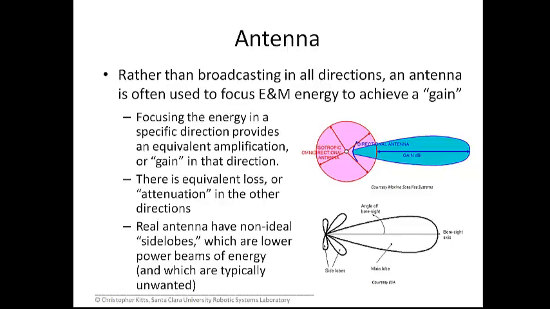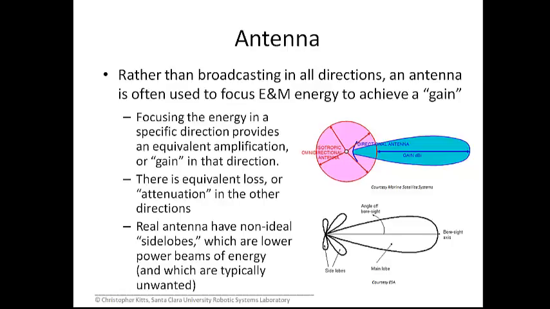Now, the isotropic antenna broadcasts equally in all directions. It's, in the truest sense, an omnidirectional antenna. But most antennas, in fact, most antennas of interest, have some directionality associated with them. And that directionality is an effective gain of the signal strength, as if we were broadcasting with more power in the direction of the antenna.